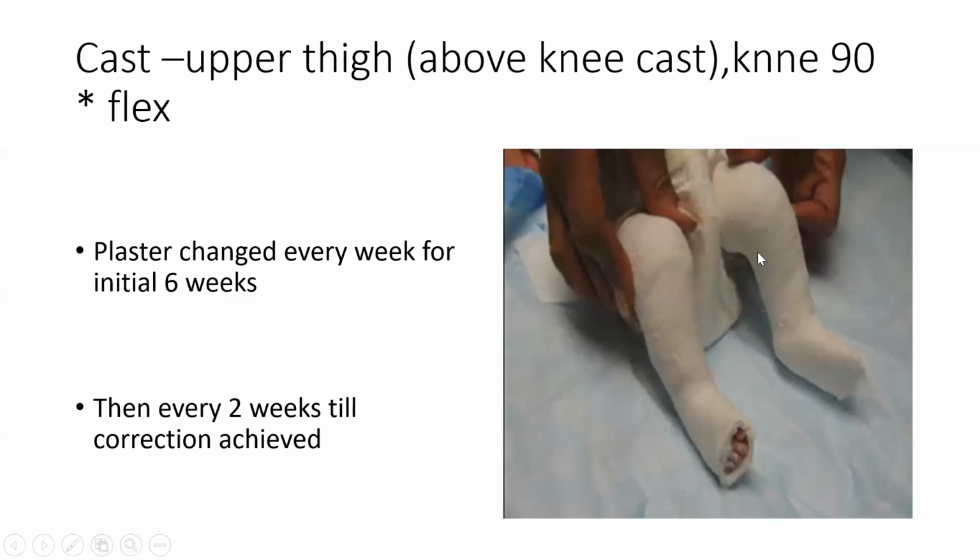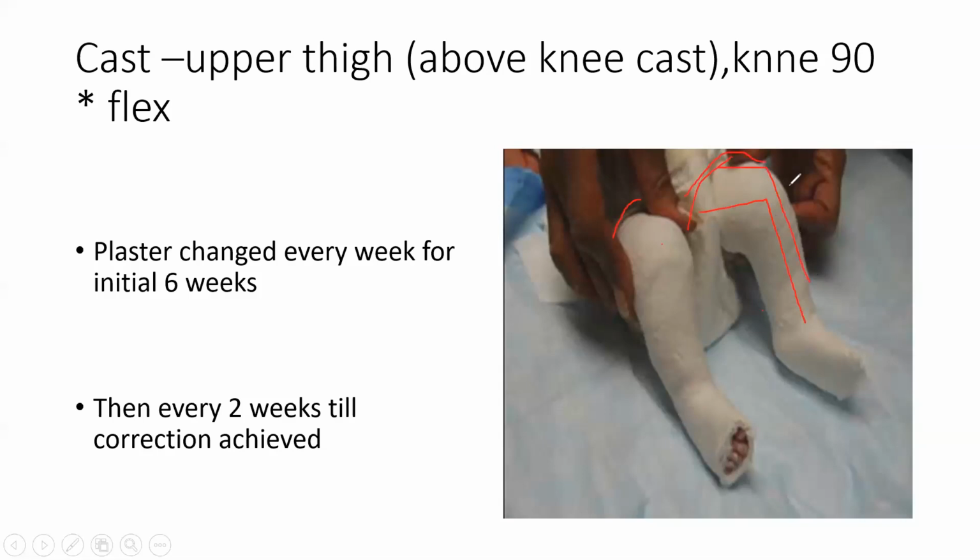What you do is this is the way of casting. You have to see this casting way. So this is the knee joint, and it should be above knee. It should be covering the mid thigh area, and the knee should be at 90 degrees. And the foot should be positioned against the deformity. You just consider this: casting should be done above the knee, up to the thigh, and the knee joint should be at 90 degrees.